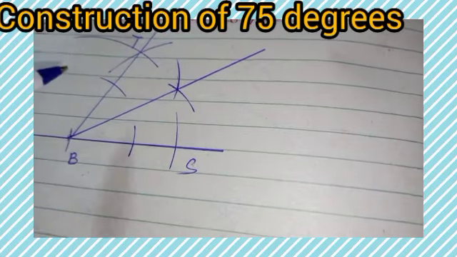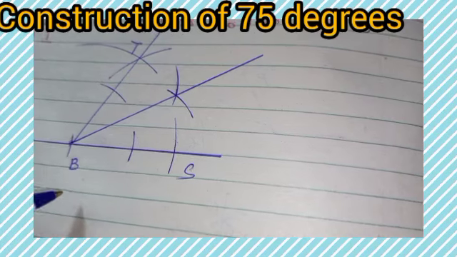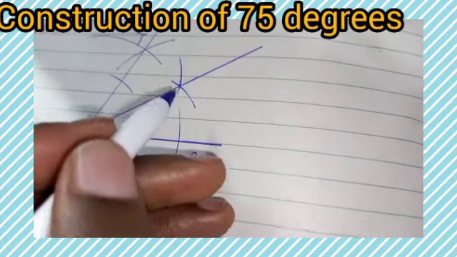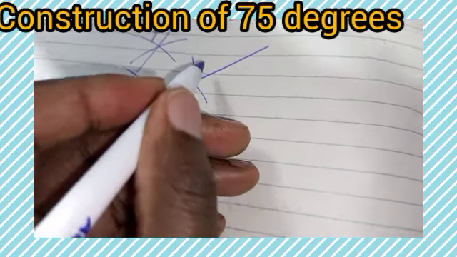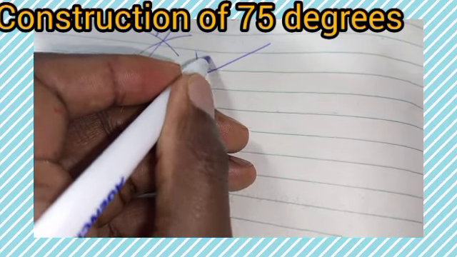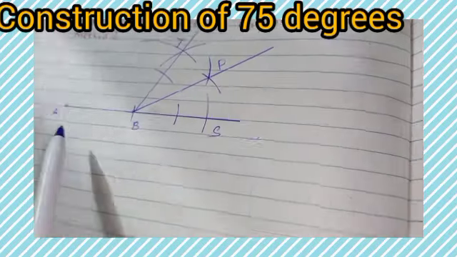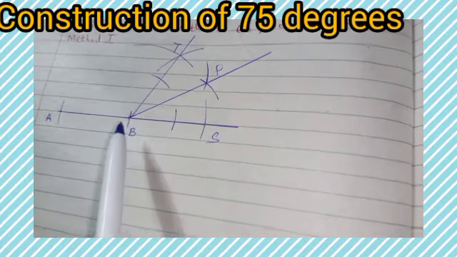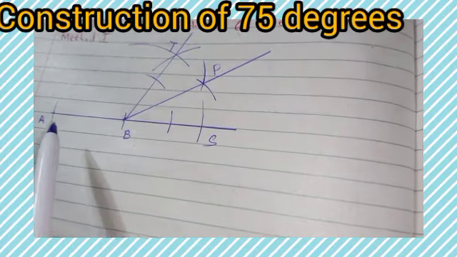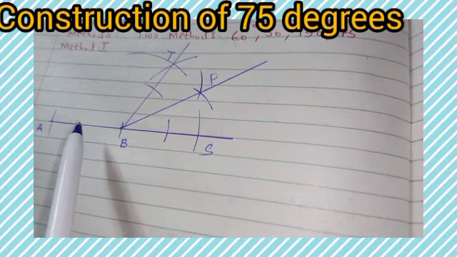You join this point to B. We can call this point P. Now, so far we have constructed, note, angle PBA is 150 degrees.